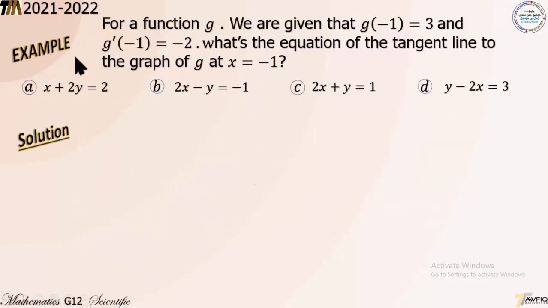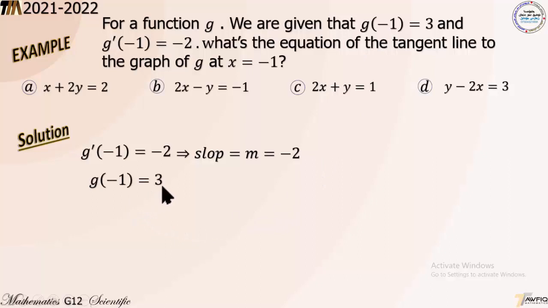Another example. For a function g, we are given that g of minus 1 is equal 3 and g prime of minus 1 is equal minus 2. What is the equation of the tangent line to the graph of g at x equal minus 1? It's given that g prime of minus 1 is equal minus 2. That means it is the slope of the tangent line at x equal minus 1. And it gives us that g of minus 1 is equal 3.